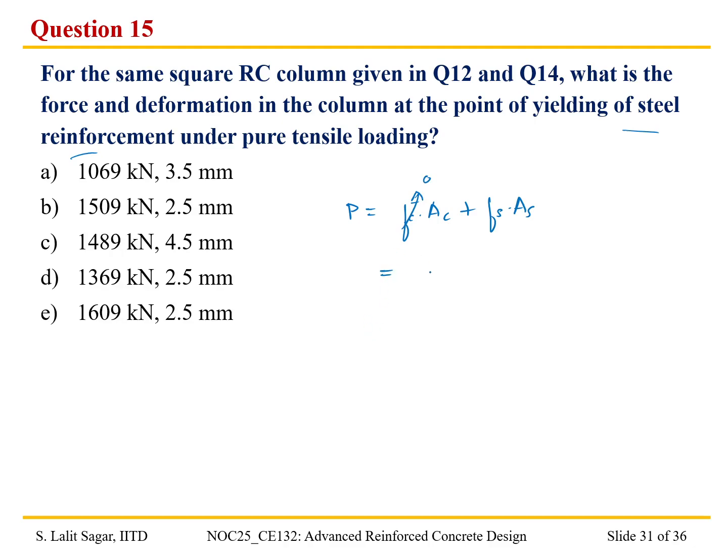And Fs corresponding to the yield point is 500 MPa multiplied by the area of steel, that is 3217 mm square, right? So the value of P would be 1608.5 kilonewton, and the value of delta would be 2.5 millimeter.